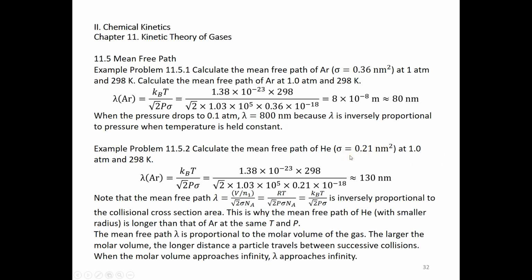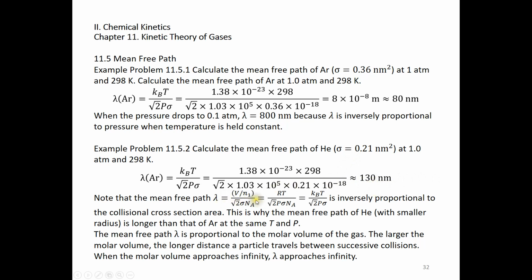If the birds are really big, they will collide very often. But if the birds are very tiny, like hummingbirds, so even if they just fly in random directions, it's hard for them to collide with each other, only because the sizes are small. Their collisional cross-section area is small. So that's why we have a longer mean free path.